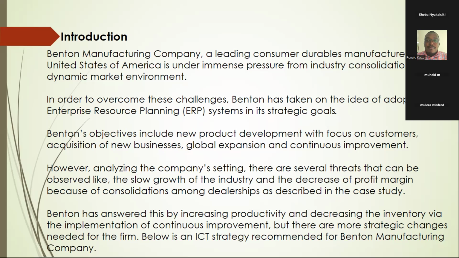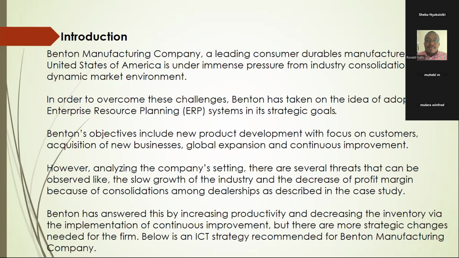However, in analyzing the company setting, there were several threats that have been identified, such as slow growth in the industry and a decrease in the profit margin, which we shall highlight, on how best to give what implementations are best in order to achieve the strategic goals.